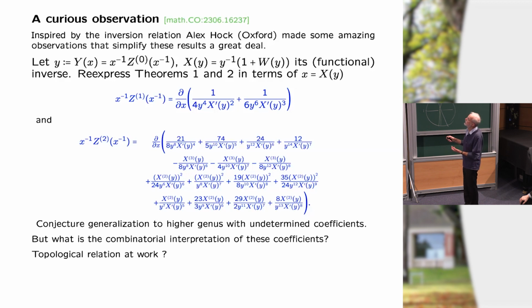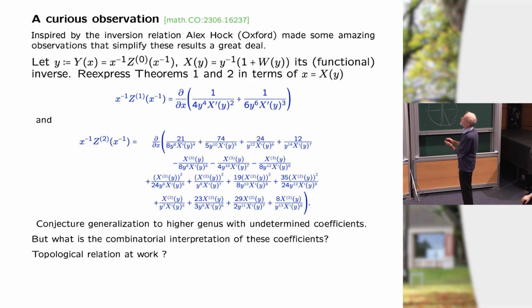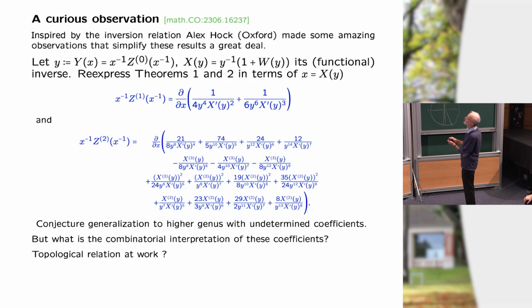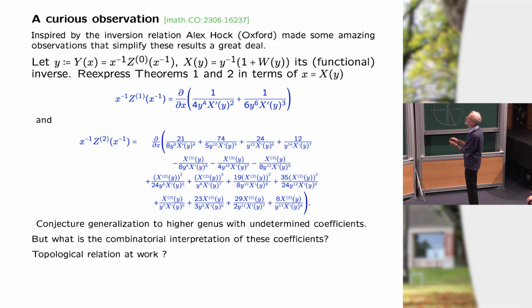If you look at things, the first line has a sum of fractions with increasing degrees of y and the first derivative of x, and the second line has a triple derivative of x over some denominator with a minus sign here, etc. Okay, there is a pattern.